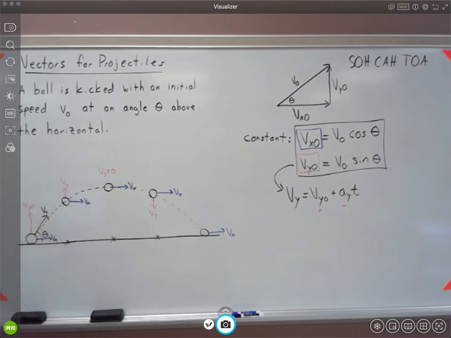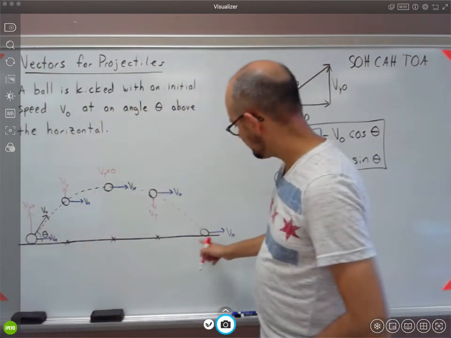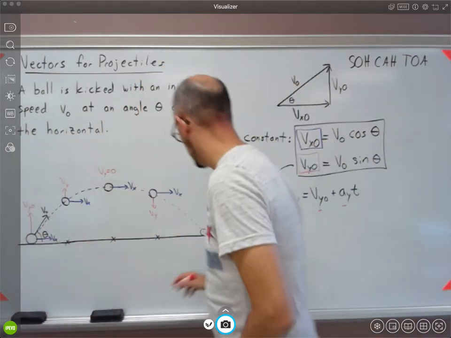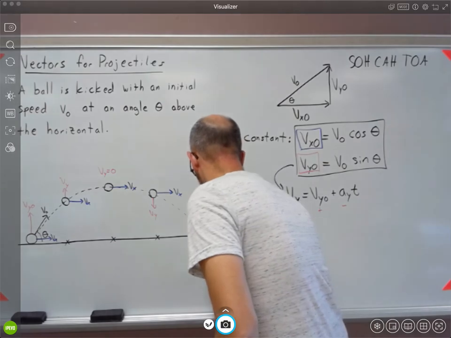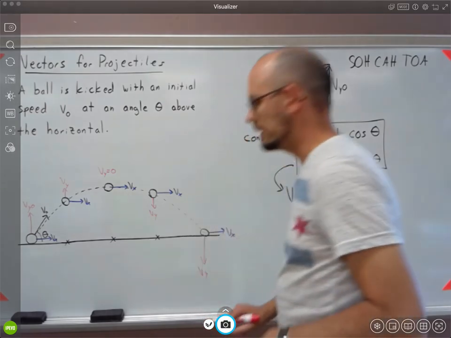So this is a symmetrical trajectory. Anytime you have a point before the peak at some height and then after the peak at the same height, those velocities are the same magnitude, but opposite in direction. When you finally get down to the ground, you have the same vertical velocity again, but now it is directed down into the ground.